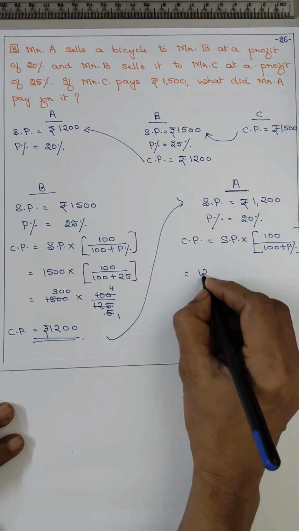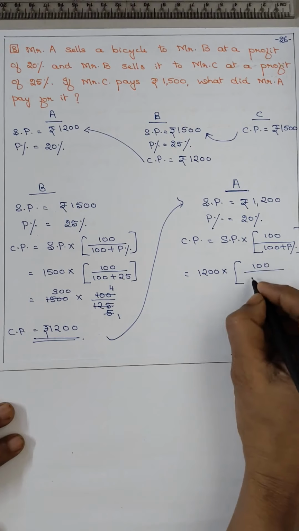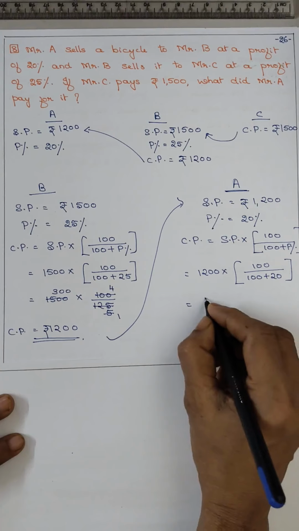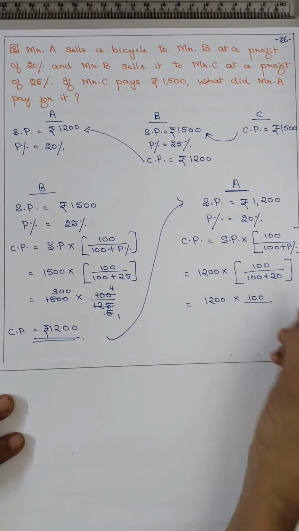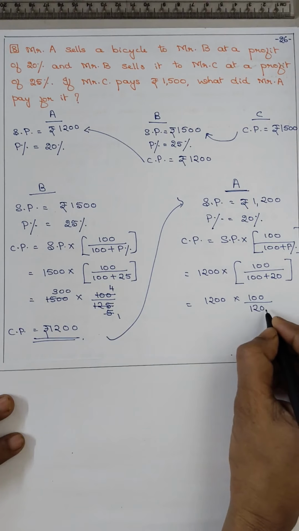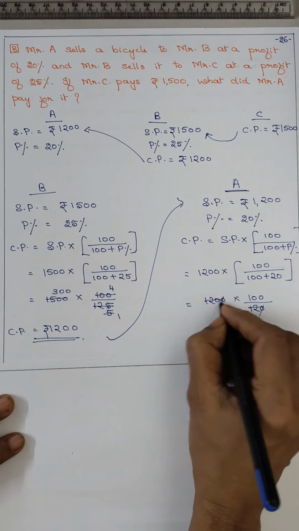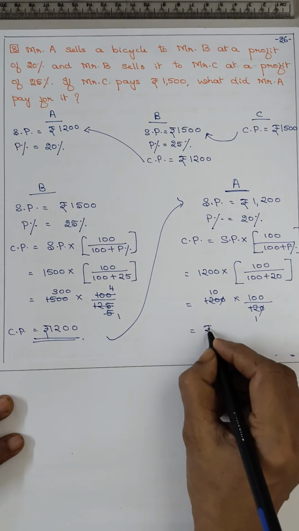SP is 1,200, 100 upon 100 plus 20, that is 1,200 into 100 upon 120. 10 cut, 12 ones are 12, tens are, that is rupees 1,000.